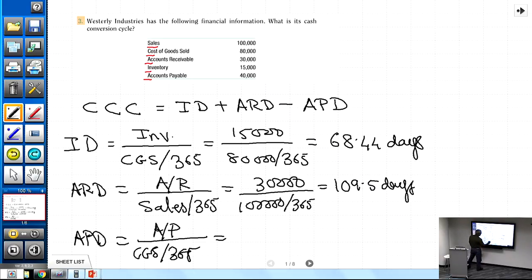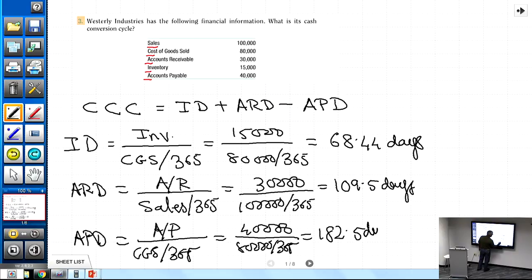So accounts payable is 40,000 divided by cost of goods sold, which is 80,000, divided by 365. That would be 182.5 days. It takes you 182.5 days to make good on your payments, on what you owe.